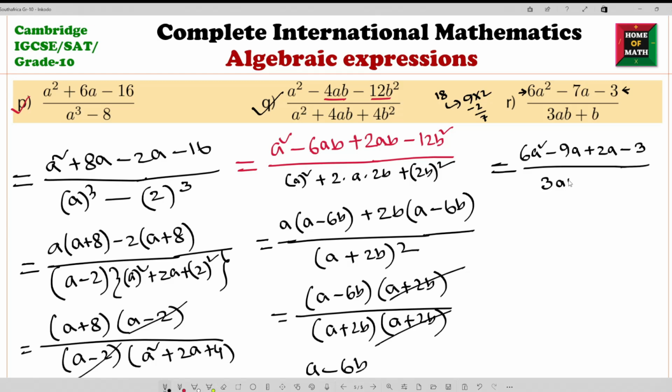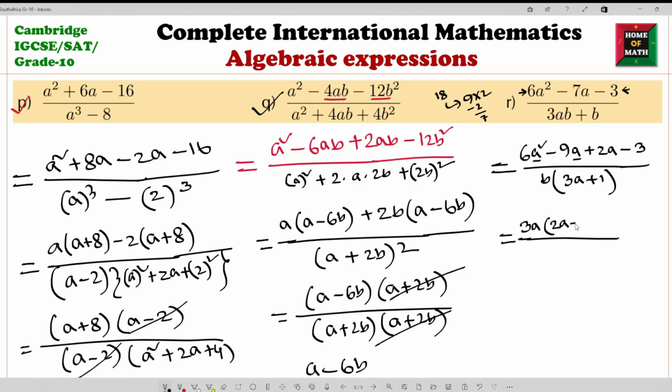divided by 3ab plus b. Or we can take common b here, then we will get 3a plus 1, right? Now look, 6 and 9, the HCF or common part is 3, and here is a and here is a square, we also take common a.